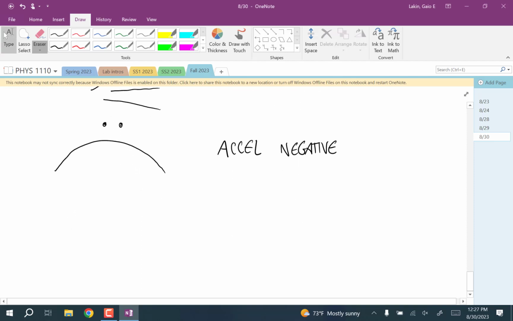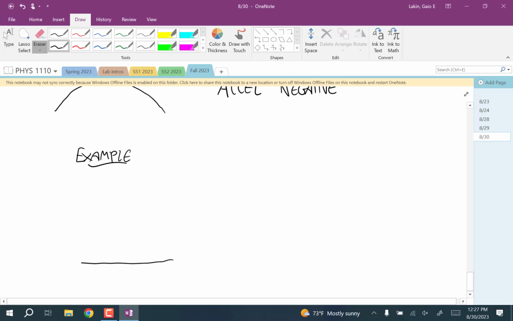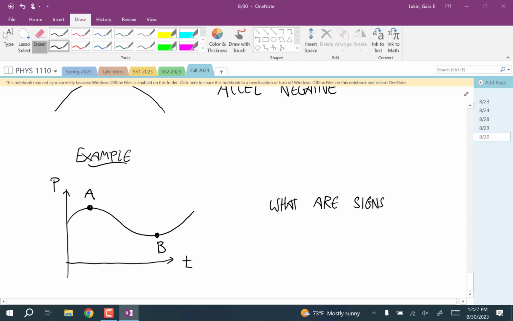Okay, so let's think about part of a position versus time graph. And let's think about 2 points, A and B. What are the signs of the acceleration at these 2 points, at A and B?